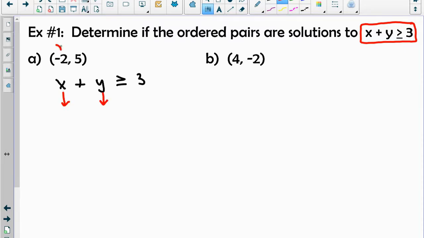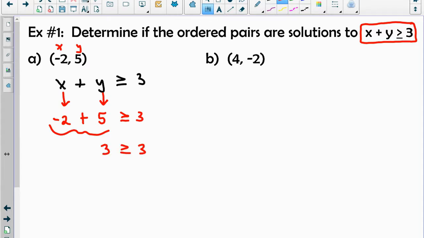In our ordered pair, the first coordinate is always the x coordinate. The second coordinate is always the y coordinate. So when I substitute those values in for x and y, I get -2 plus 5 is greater than or equal to 3. Now I just want to simplify what I have. -2 plus 5 is +3.